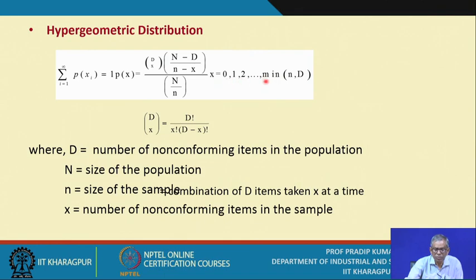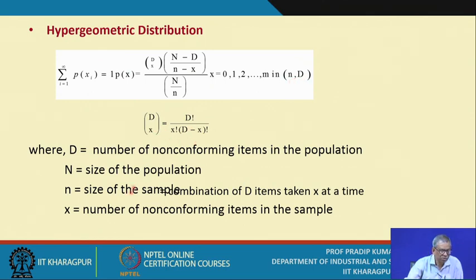So it may assume any one of these integer values. Here it is small n, not m. The maximum could be n or d, so x is between 0 and the minimum of d and n.